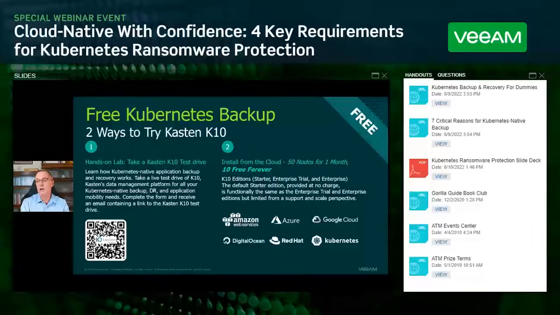You can also, in keeping with Veeam's Community Edition that we've had for years, download a copy for free and use it in very small environments forever, basically, so that you can just learn it and proof it out and make sure that it's going to work. And then when you want to roll it out in your larger environment, you can do that. And I know we mentioned this before, but that's true, and it will work whether you're doing it on-prem or in any of the large cloud Kubernetes implementations or deployments that are out there.